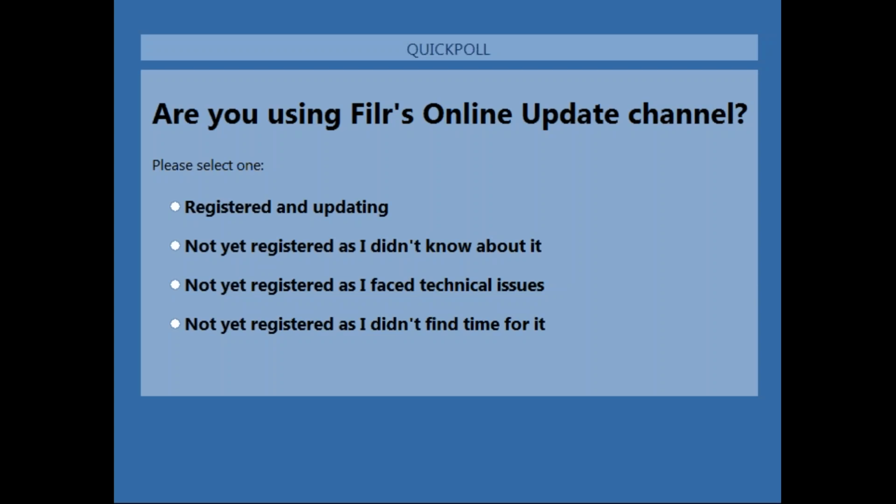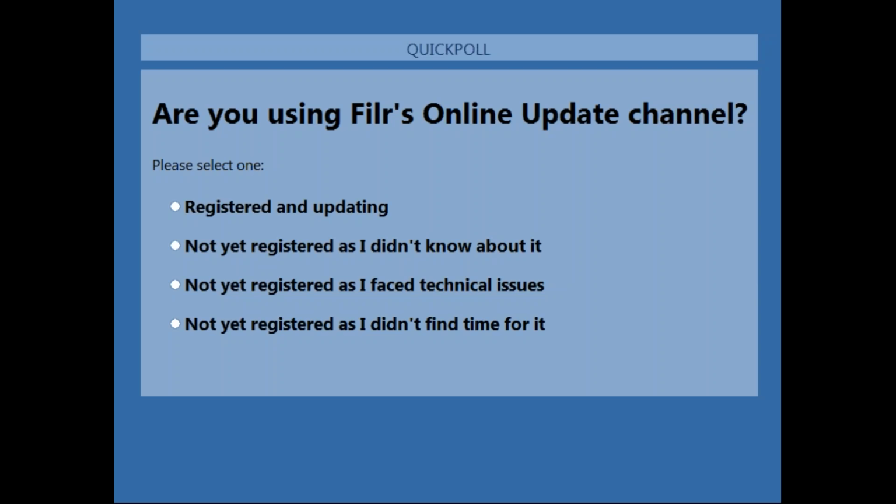Could you take the poll and let us know if you have already registered and are using the update channel, or if you didn't know about the update channel, or if you have faced any technical difficulties, maybe you did not get the registration keys or could not register, or if you have not found time yet to update and register.